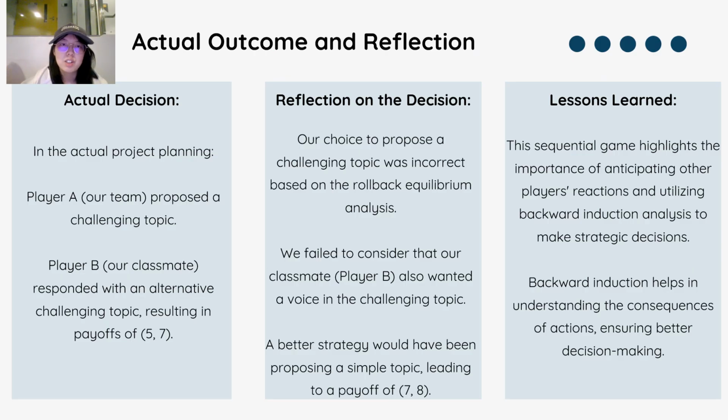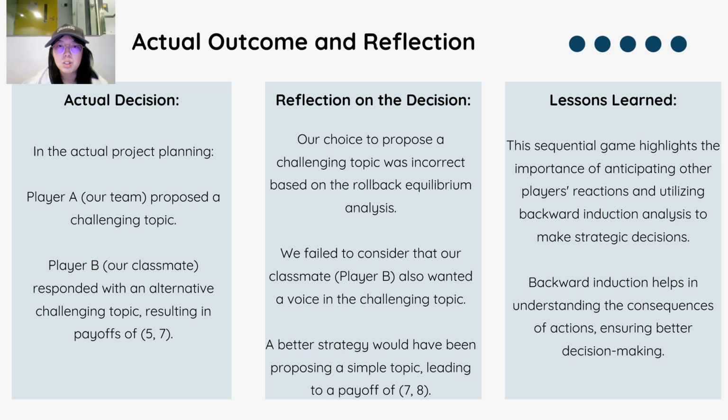I'm going to share our team's actual decision and reflection on the recent project. In this test, our player A proposed a challenging topic while player B countered with another challenging topic, resulting in a payoff of 5, 7. However, through rollback equilibrium analysis, we realized this was not the optimal choice.